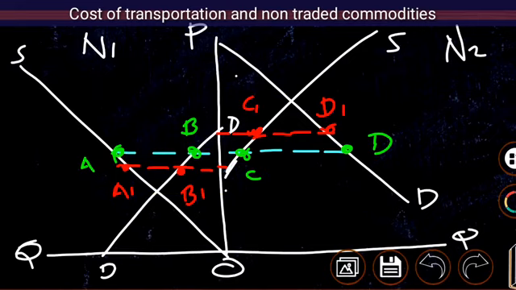The most important point in drawing this diagram is that if the transportation cost is borne equally between these two nations, the supply of the exporting country will decrease, and similarly the demand of the importing country also will decrease.